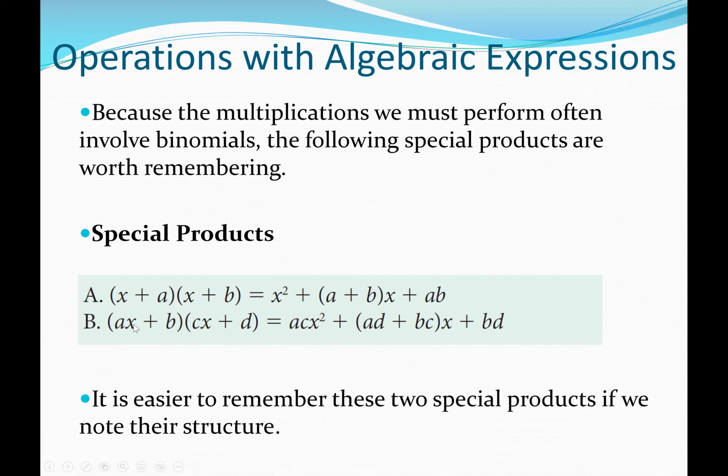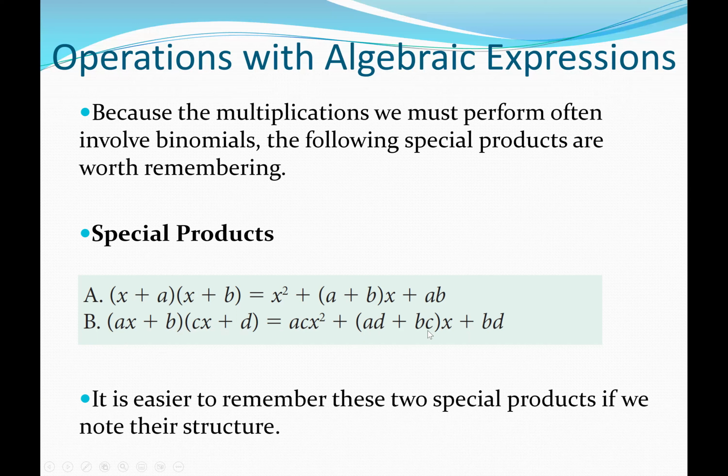Same thing here: ax plus b, cx plus d. We multiply each term. So ax times cx will give me acx squared. Then ax times d will give me adx. Then b times cx will give me bcx. Then b times d will give me bd.